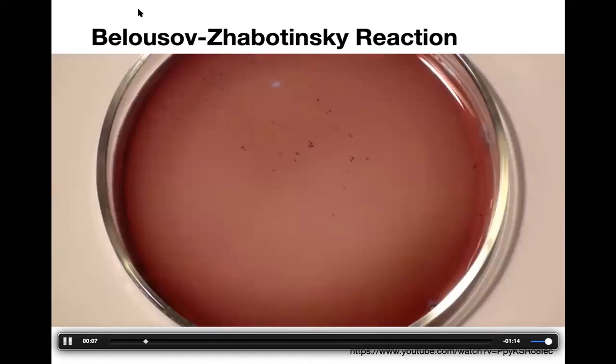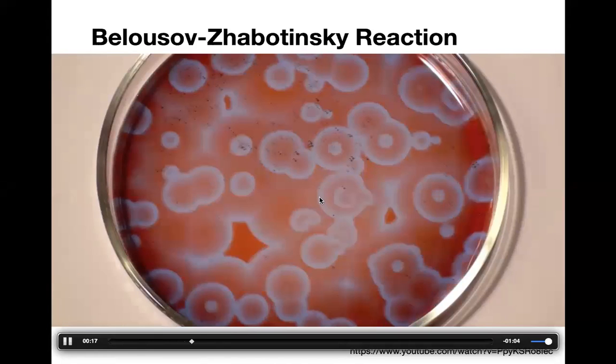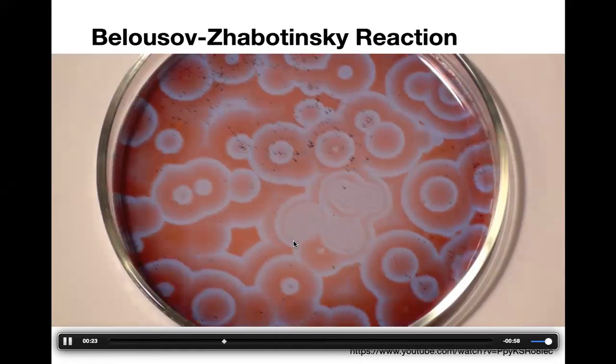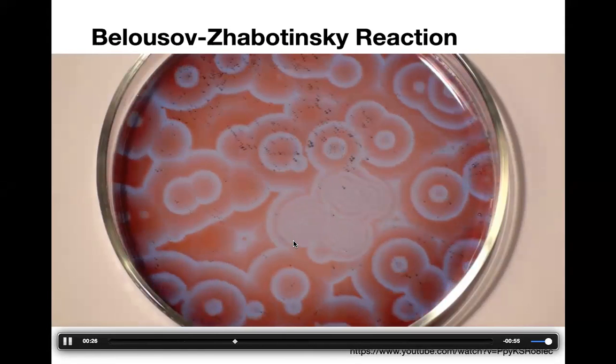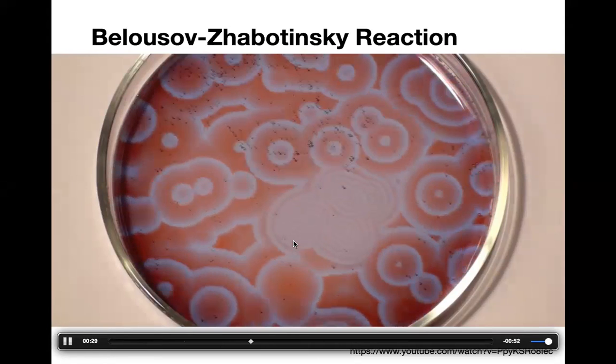But it's simply this spontaneous formation of this pigmentation. I think this is an iodine salt, and you can see that it's forming these spirals, very similar to what happens in dictyostelium as well.